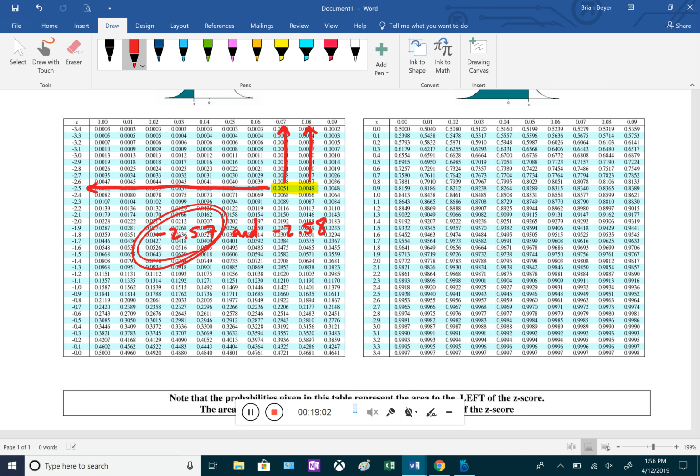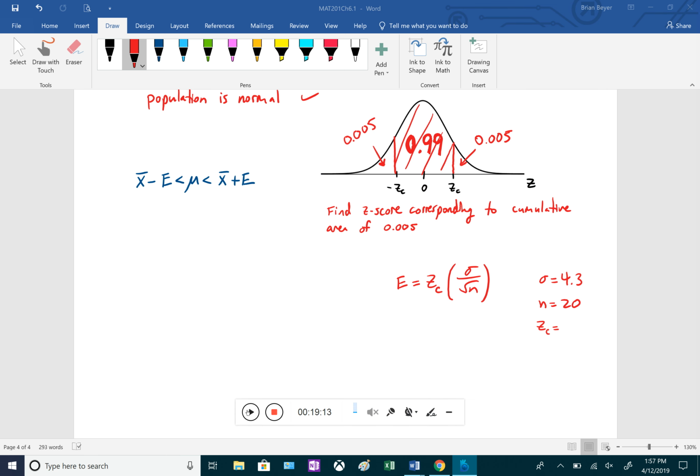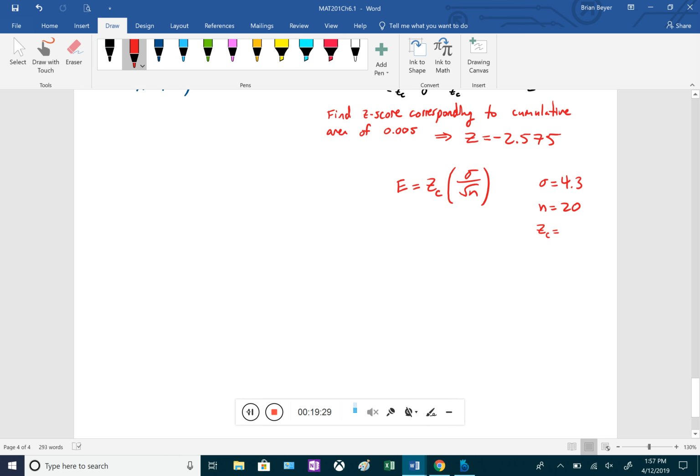So the z-score for our value is negative 2.575. But remember, we always use the positive version, so z sub c is going to be positive 2.575.